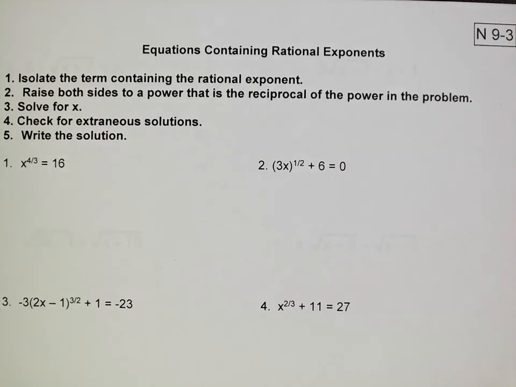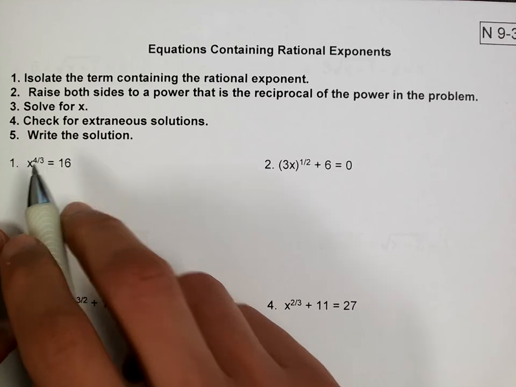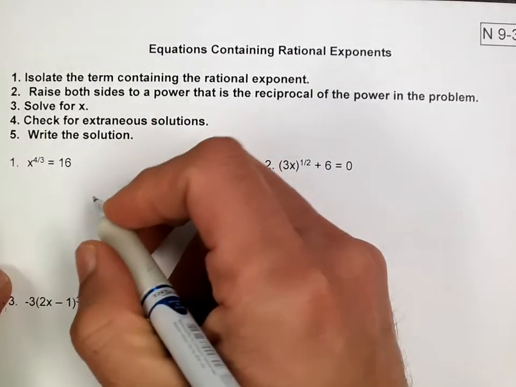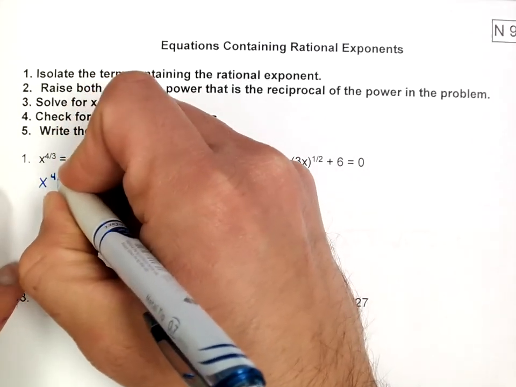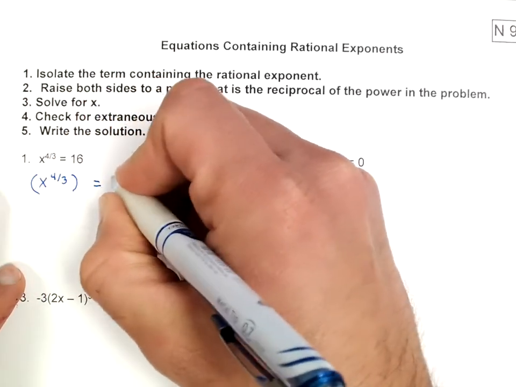On this first problem, the term with a rational exponent is already isolated. So all you have to do, I'm going to rewrite it here: x to the 4/3 equals 16.